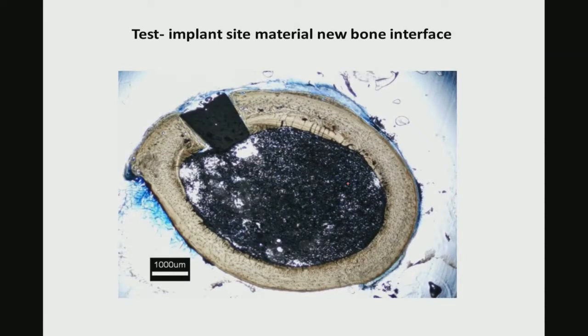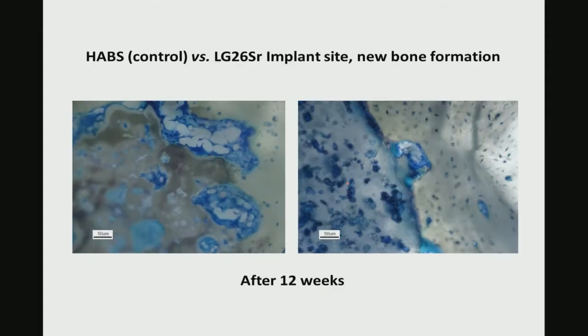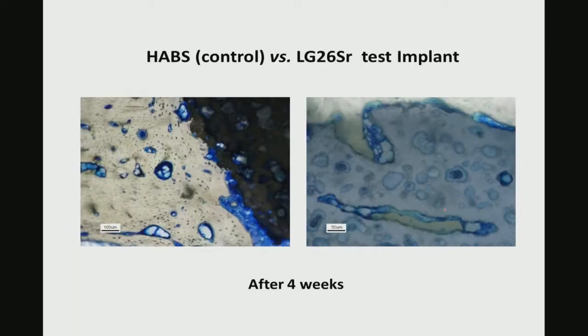The same can be seen at the test implant site. These are more histology images, and they essentially show some indication of osteoblast cells around the bone implant interface.